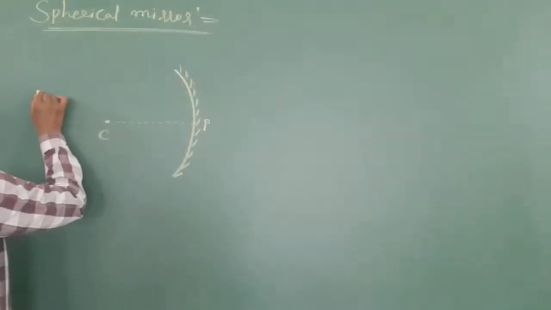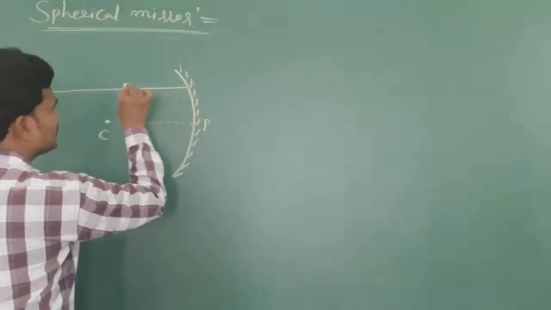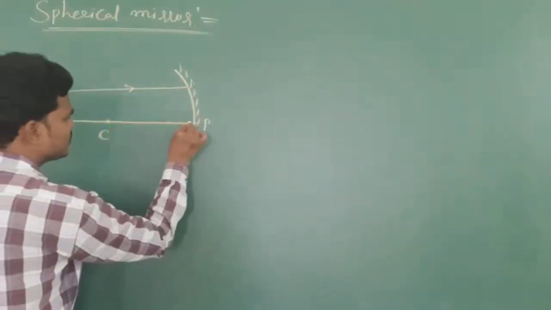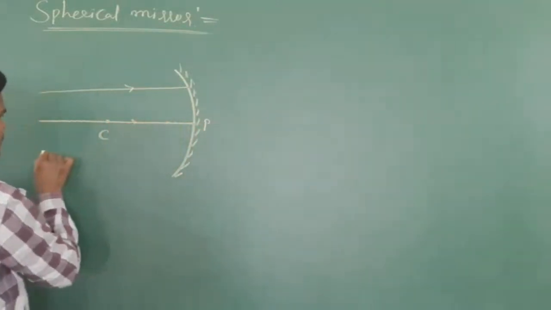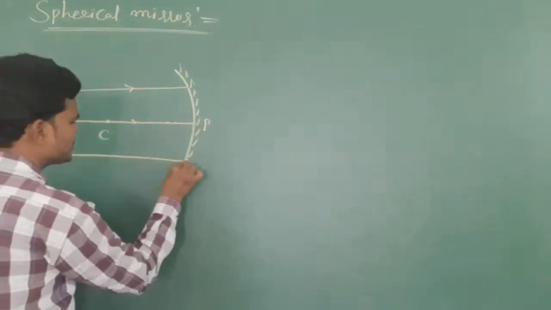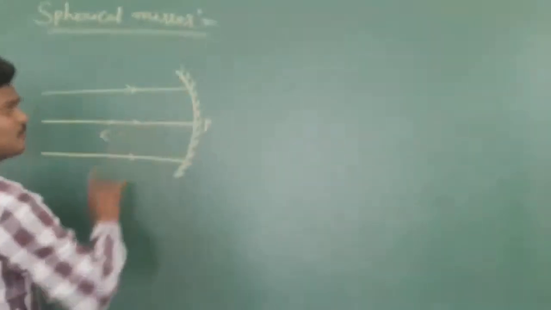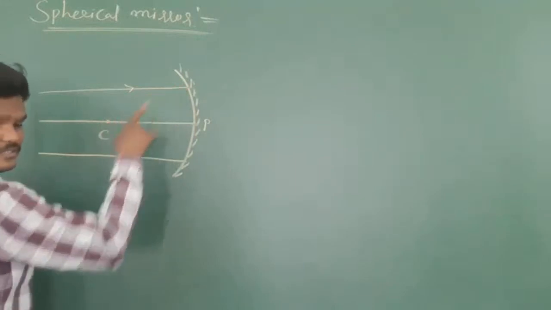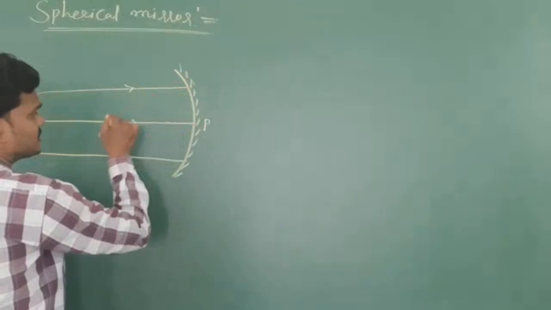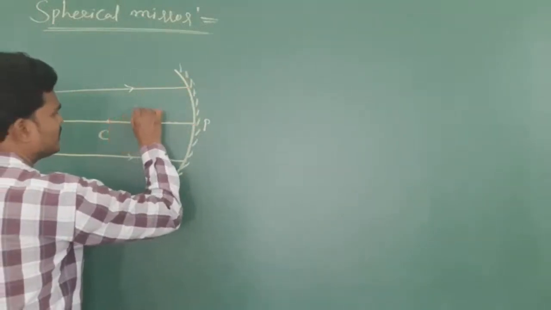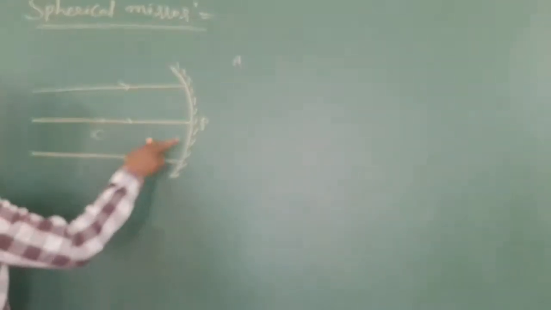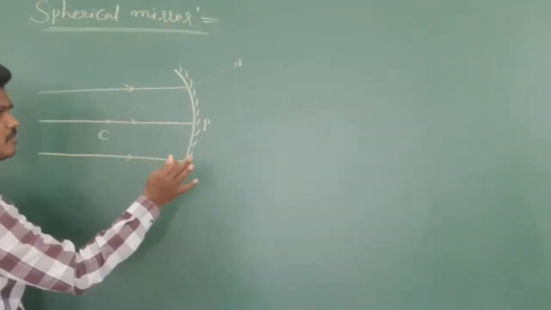If any parallel beam of light is incident on the concave mirror, then after reflection, you have to draw a normal at this point. Whatever line touches the center becomes the normal line. This is the normal line. You have to draw a normal here also, so I am not drawing.